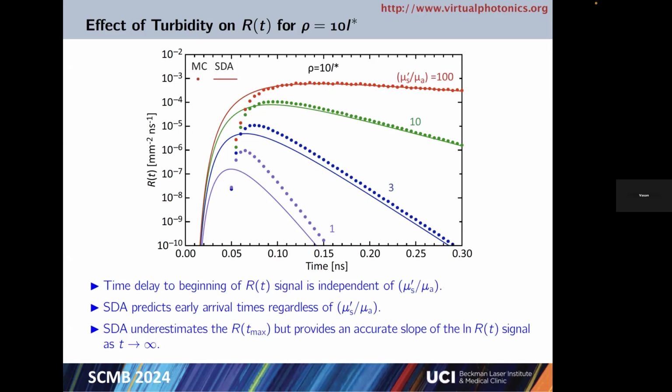And typically, what we do in our lab when we process experimental data with a diffusion-based model, because sometimes we do use diffusion-based models because they're fast, and if you want to have a real-time system, you want a model that's fast. And so we typically, you see that by the time you get to the rise, it's pretty good.